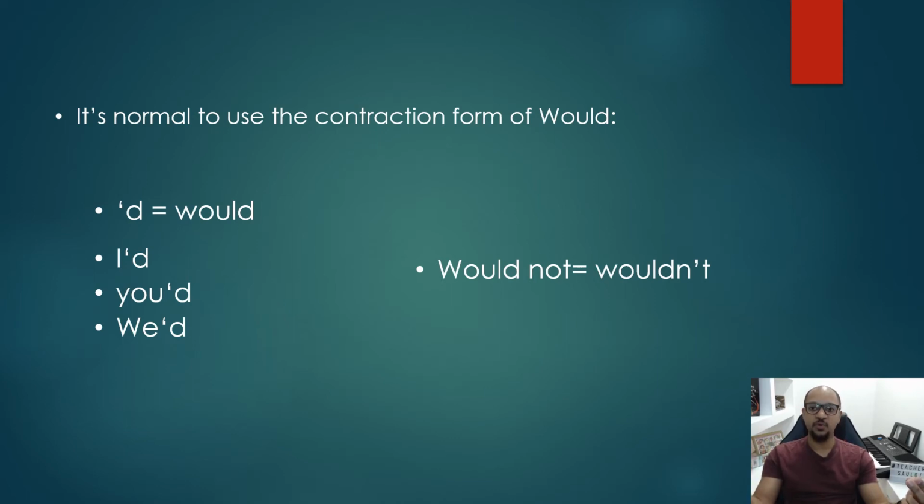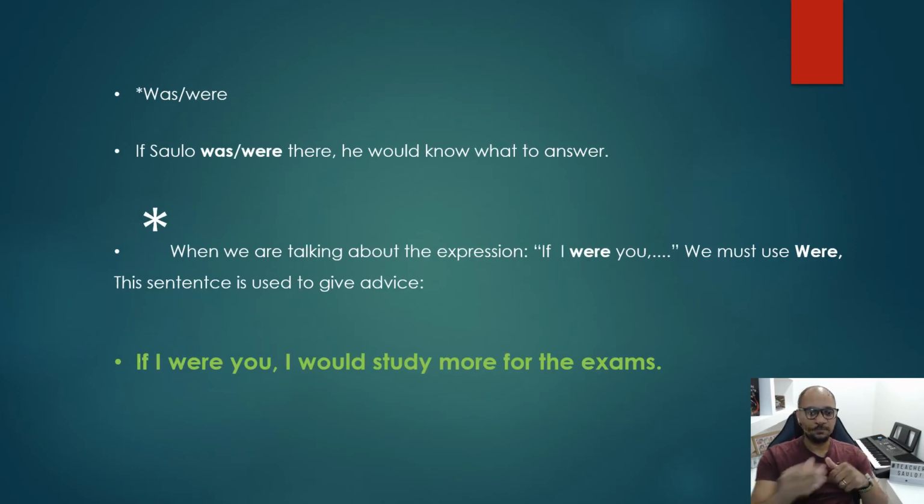In the negative, I wouldn't, he wouldn't, she wouldn't, it wouldn't. Would plus not becomes wouldn't. I'd, he'd in the affirmative, wouldn't in the negative. Right? So far so good. Is it okay? Can you understand? Is it easy? We're going to have a list to follow.